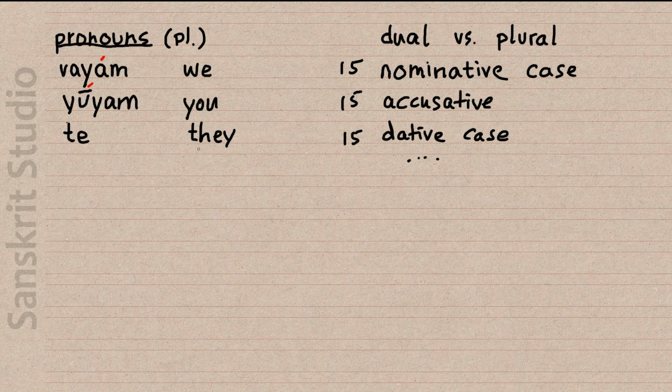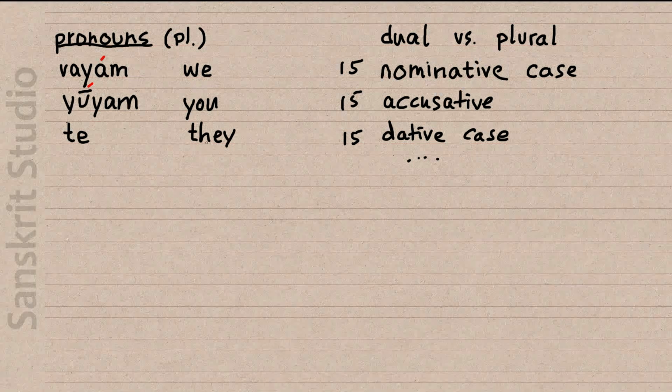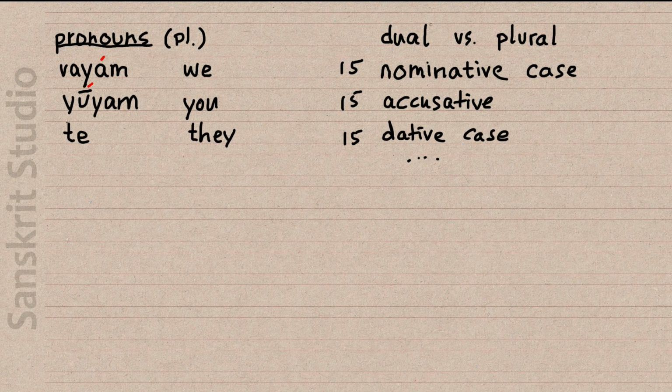First of all, we'll talk about what dual number and plural number represent. Dual number always means a group of two.